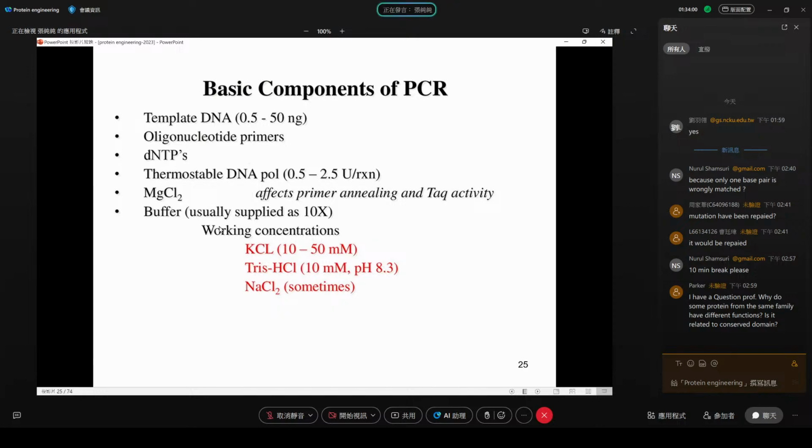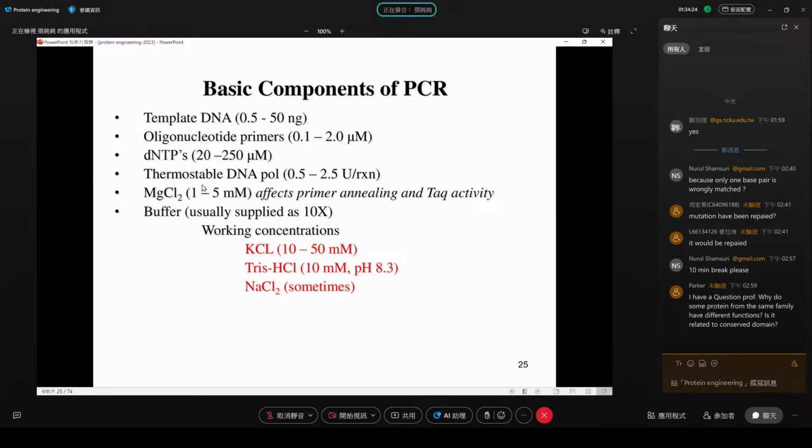And the magnesium chloride is quite important. In the buffer system, KCl, Tris, NaCl are under physiological conditions to suit Taq DNA polymerase activity. But the magnesium chloride is quite important and cannot be replaced. Usually it will be 1 to 5 millimolar.